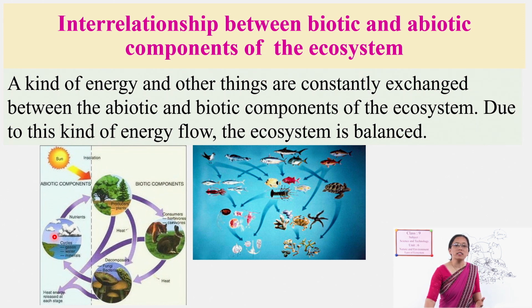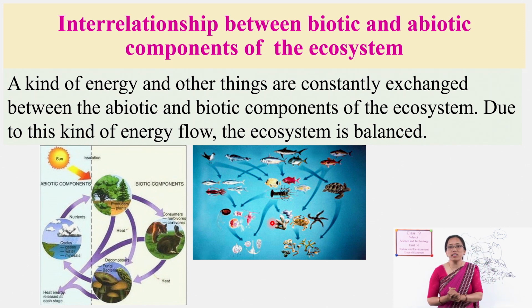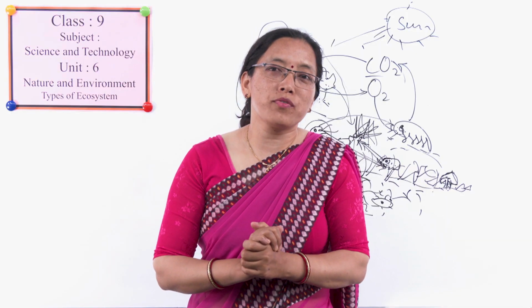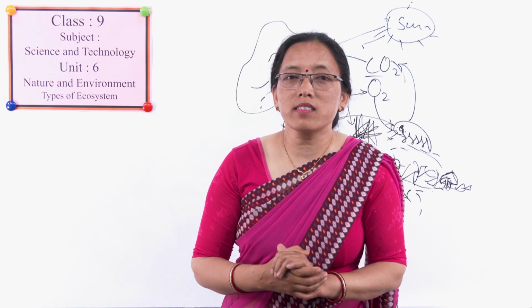Again, this will be converted into a biotic factor, and again plant will utilize this. So this cyclic way is going on and maintaining the ecosystem of a particular environment. Even in the water the same thing happens. So this is the interrelationship between the different kinds of biotic and abiotic factors. Today we have discussed the various factors and various types of ecosystem. Now we practice some questions.